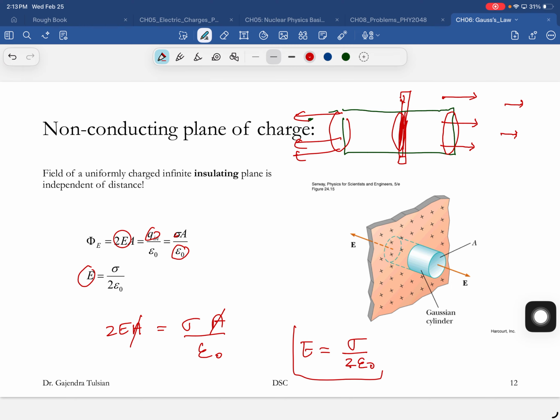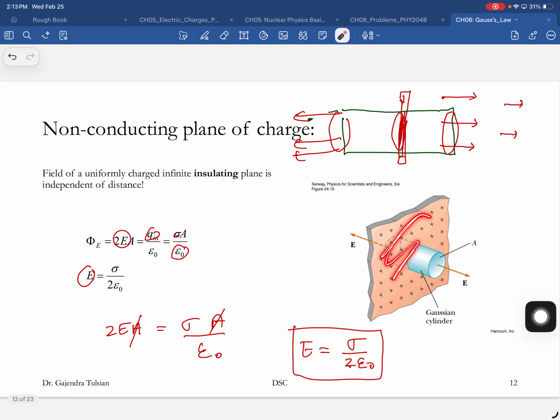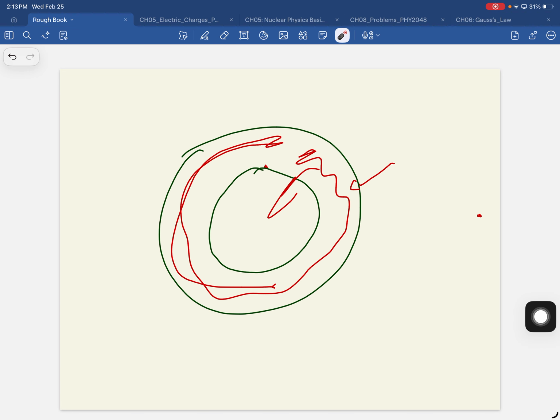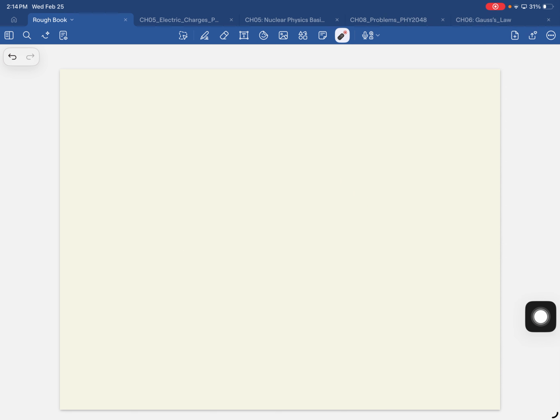If I want to produce a uniform electric field in this room, what I do is smear this wall with positive charges and this wall with negative charges. Now what we'll do is bring a piece of copper metal and place it like that, inside the room.